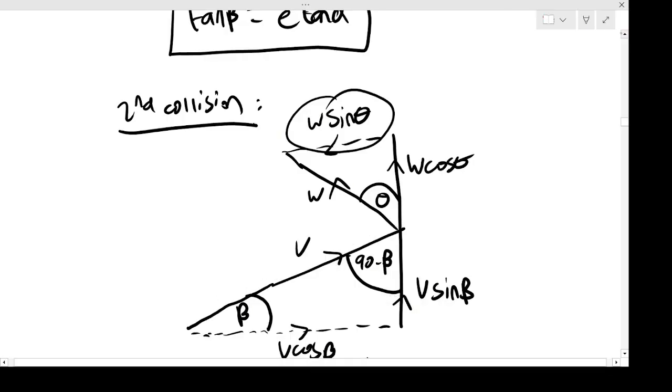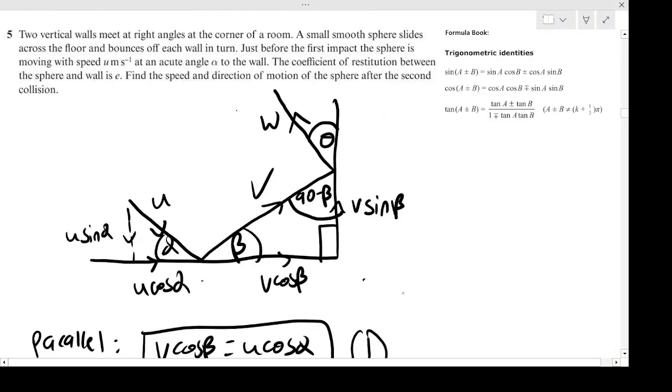What if we did the reverse? If I go back to the first diagram, instead of using alpha here, what if we considered this angle here? This is a right angle, so this angle is going to be 90 minus alpha.